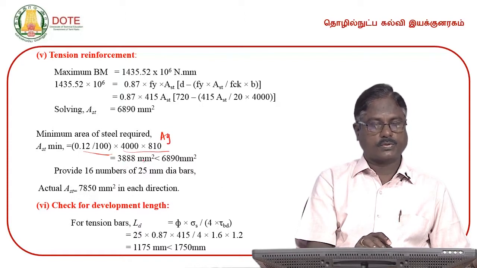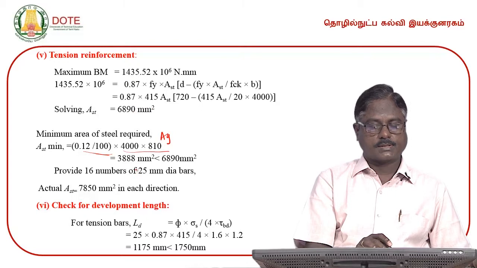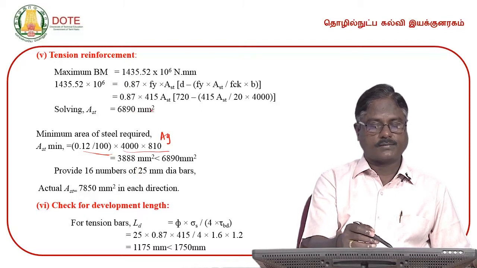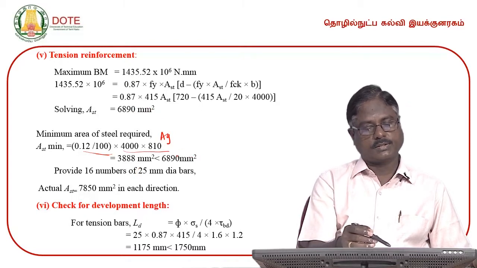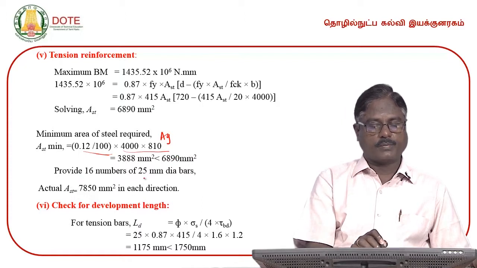This is the minimum area to be provided, whereas as per the design we got 6890 millimeter square. Since the minimum is less than that, we have to provide the design area of steel, and that comes around 16 numbers of 25 mm bars.